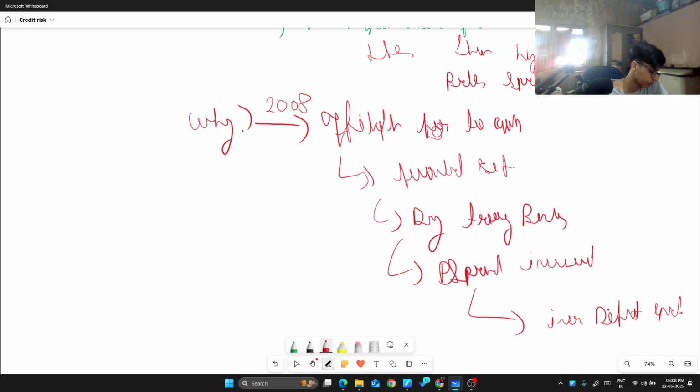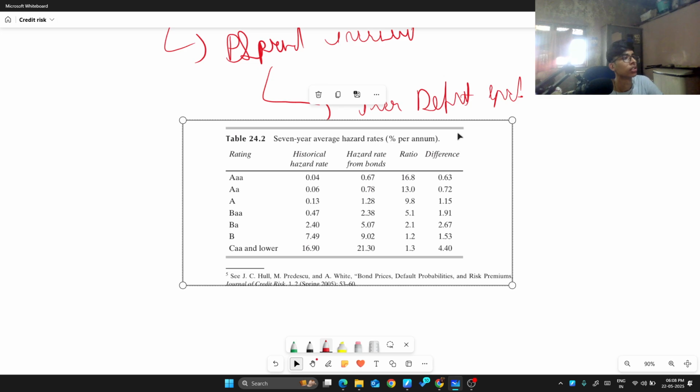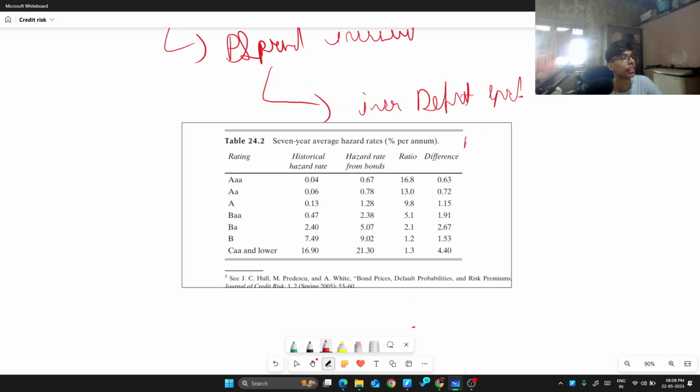And this is the Moody's data analysis of 15 years, I guess. You can always observe that the historical hazard rate is very low compared to the hazard rate from bonds that we obtain by the bootstrapping method or the matching bonds method.